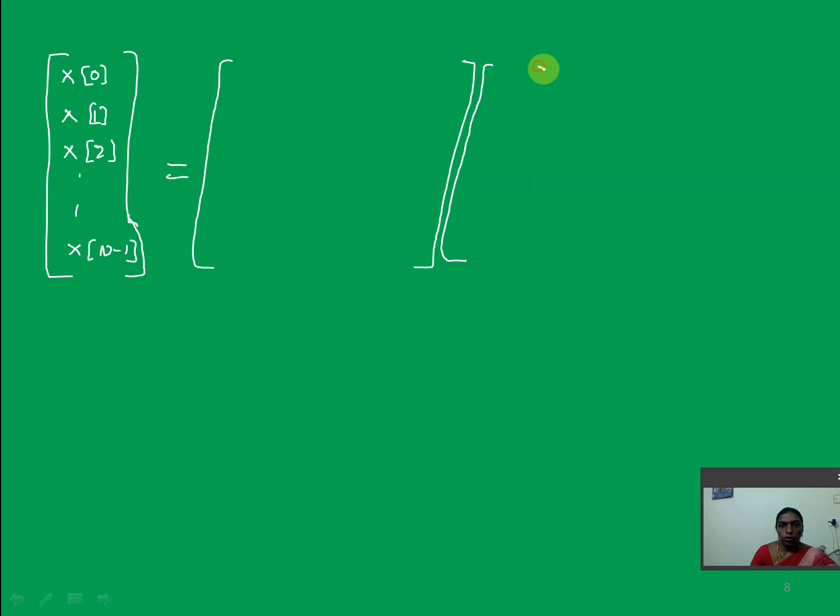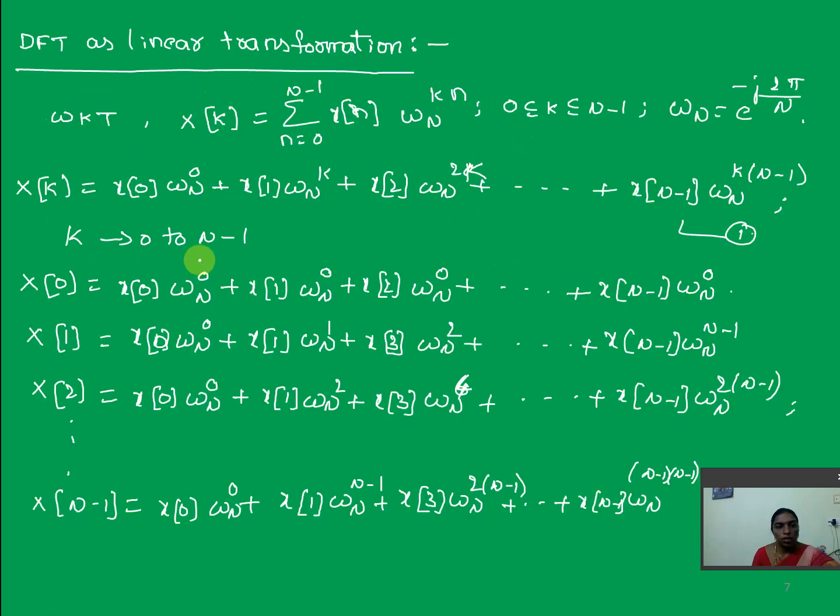Now the input: x of 0, x of 1, x of 2 and so on, x of N minus 1. The first row values are W_N power 0, W_N power 0, W_N power 0 and so on. Anything power 0 gives 1, so W_N power 0 is equal to 1.